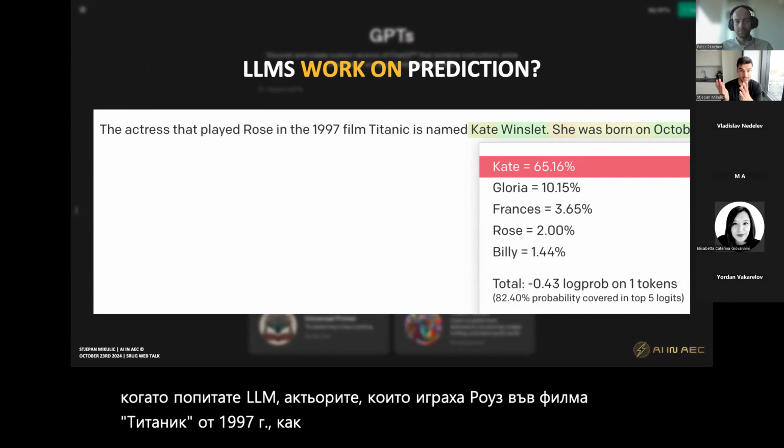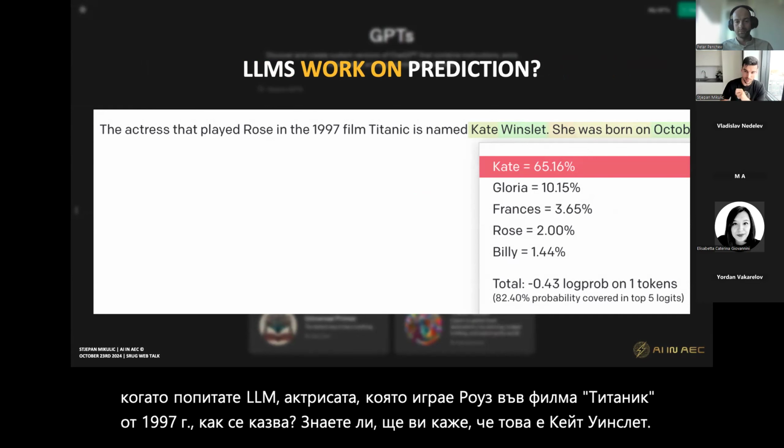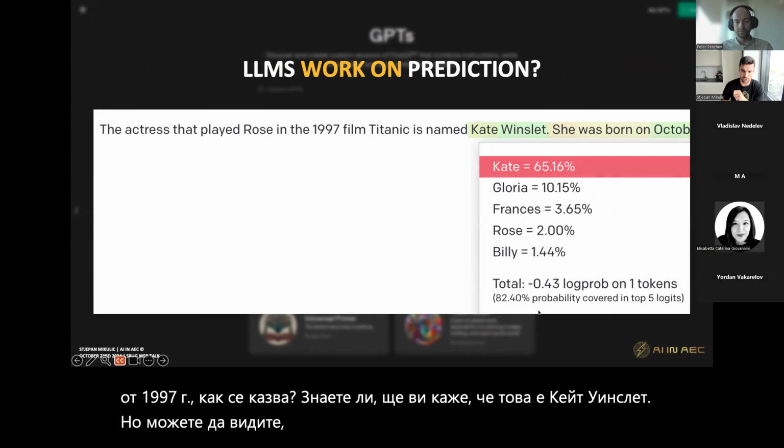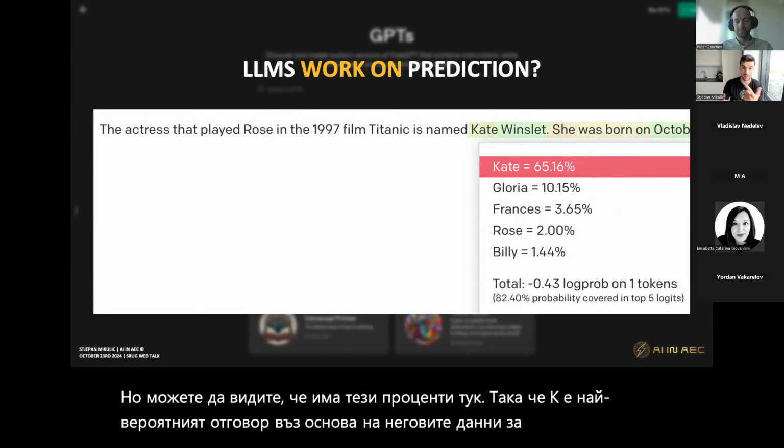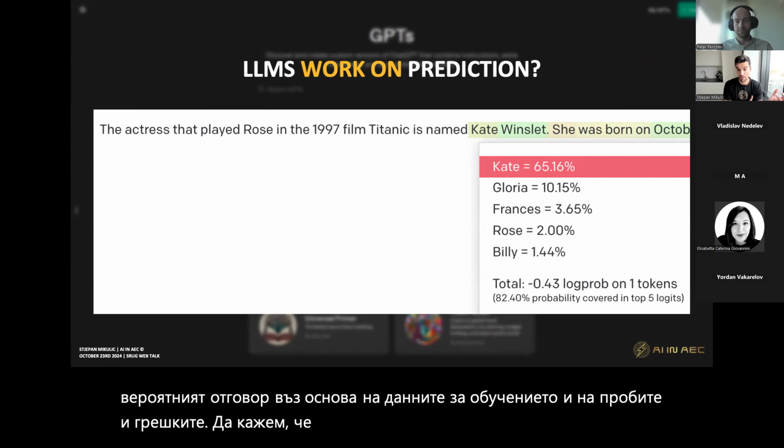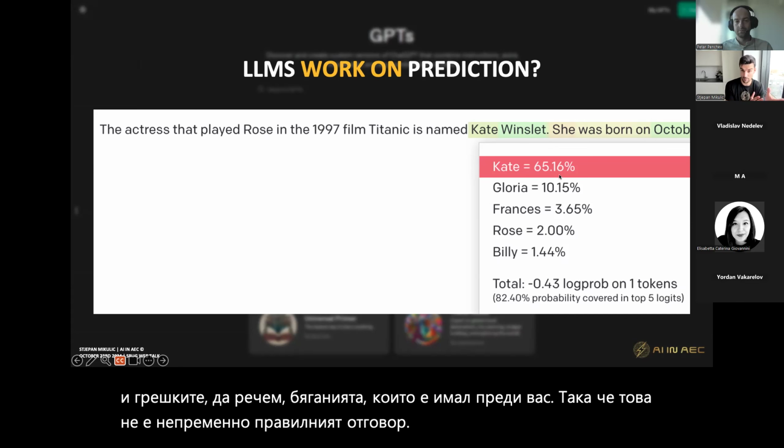It's going to tell you that it's Kate Winslet. But you can see that it has these percentages here. So Kate is the most probable answer based on its training data and on its trial and error runs that it had before you. So it's not necessarily the correct answer, it's just the most probable one.